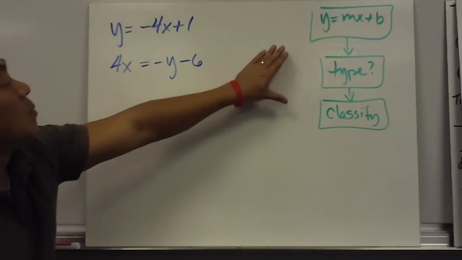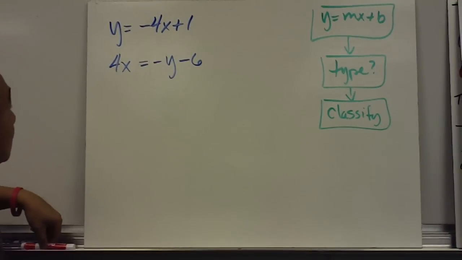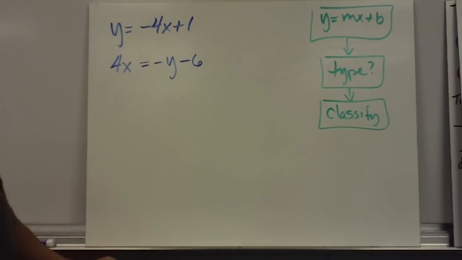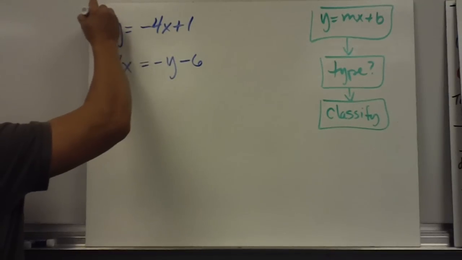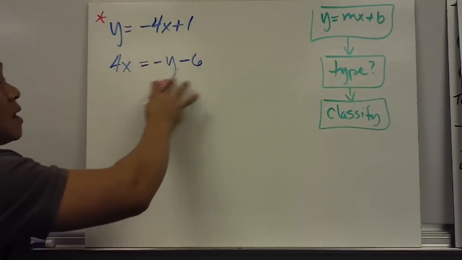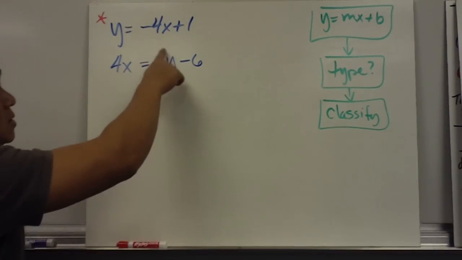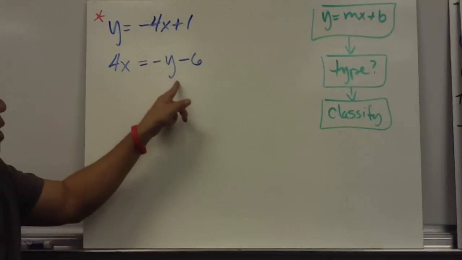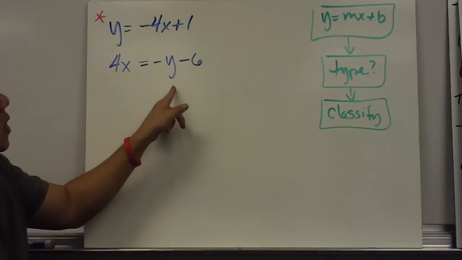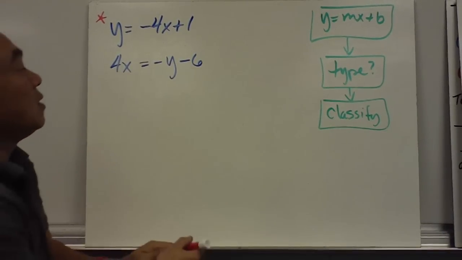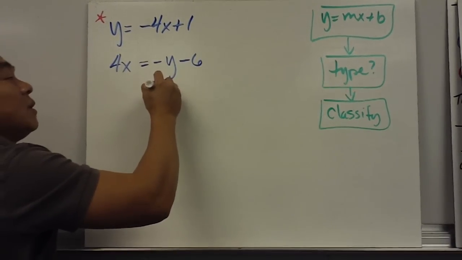Alright, and for our final one, let's look at this one. This is already in our slope-intercept format, which is perfect, so we're going to leave it. This one is not, so we're going to shift things around. What I see here is a negative y minus 6. I'm going to move this y over to this side, so I'm going to have plus y.